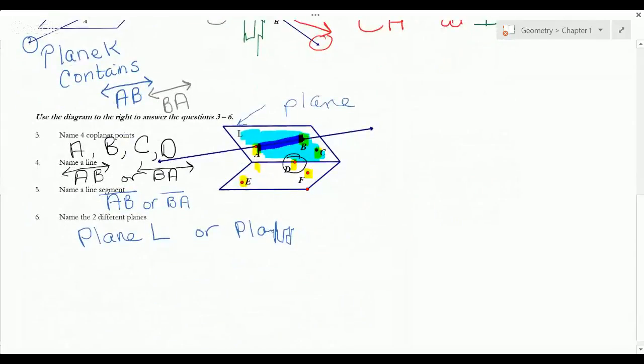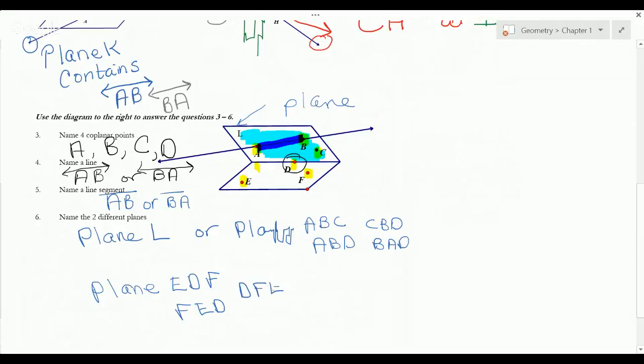It could be plane A, B, C. It could be plane A, B, D. Could be C, B, D. See, if there's any kind of combination, B, A, D. So it's any of those combinations with those 4 points. The second plane, this bottom plane, has to have those 3 letters, and there's only 3 points on that plane. So it has to be EDF or FED or DFE, etc.